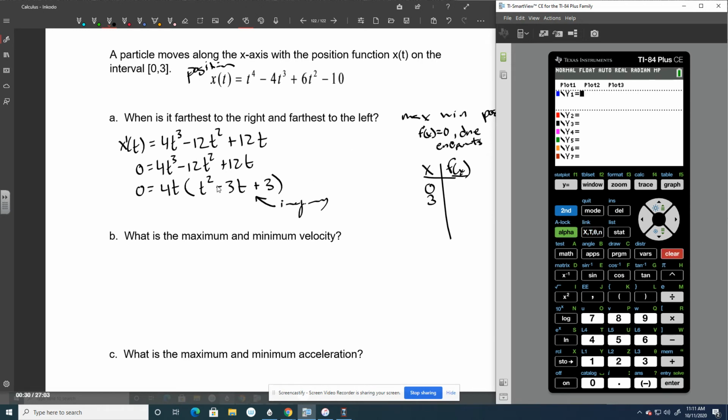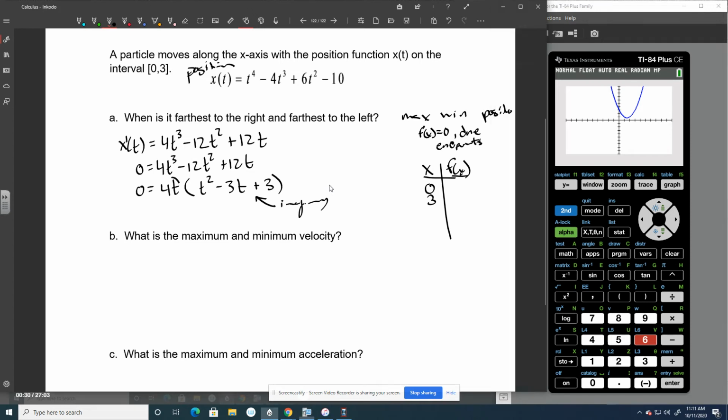I just want to know where this part equals 0. So if I put in x squared minus 3x plus 3, if I want to know where that is equal to 0, I can graph it. But when I look at my graph, let's zoom standard. It doesn't ever equal 0. It never crosses the x-axis. This part right here is never going to cross my x-axis. So I don't actually get any values from that part at all.